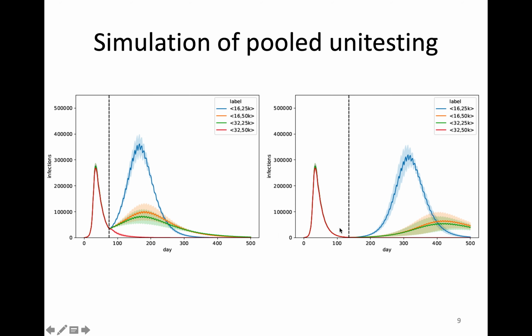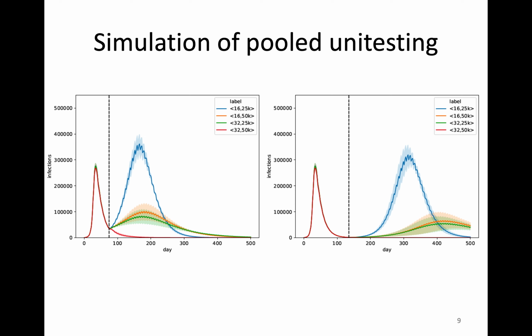On the right, we have a very similar setting. Again, we have the first wave that is shown here, and we start the universal testing when the number of cases is down. And you can see that indeed the red scenario keeps the epidemic under control.